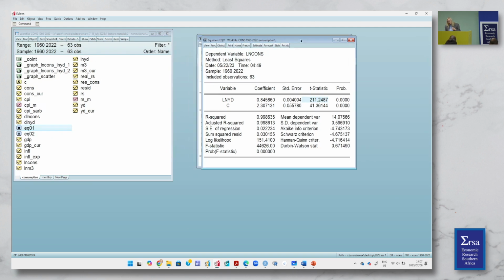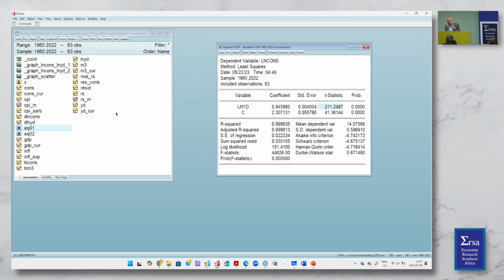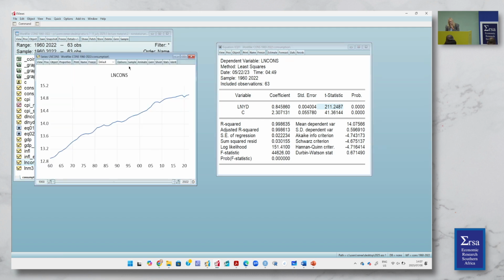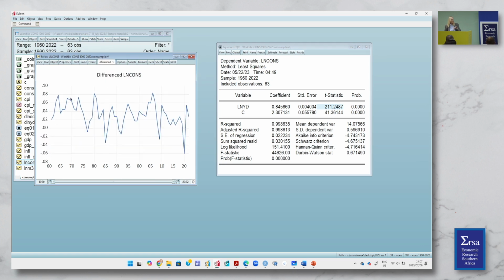So if we want to move to a situation where we fix the statistics, we can basically difference the series. If you think about that consumption, so that is trending. So if we difference it, can you see that that's much closer to a constant mean, constant variance process?